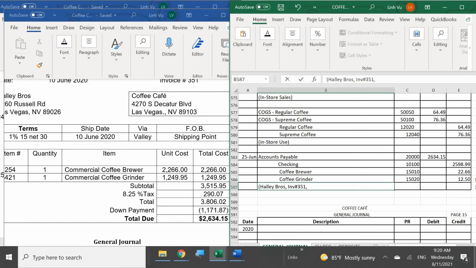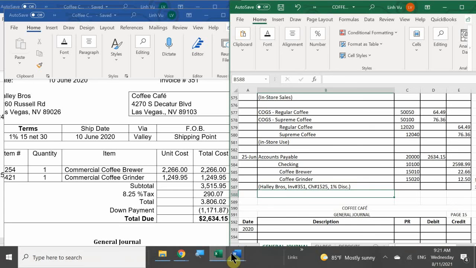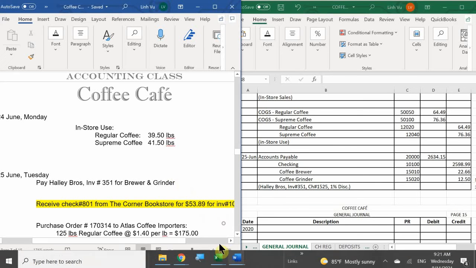Mm-hmm. Check 1525. Okay. And would we mention anything about the discount? Absolutely. Oh yeah, I guess you could say 1% discount. Good. 1% discount. Okay.